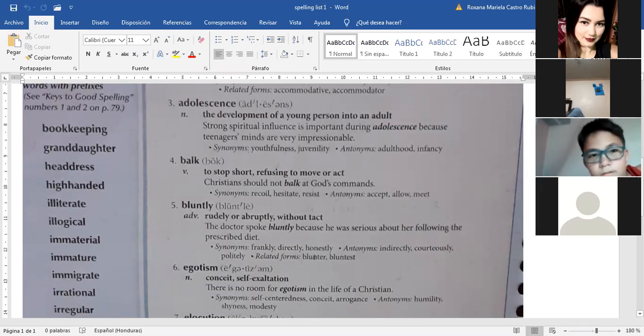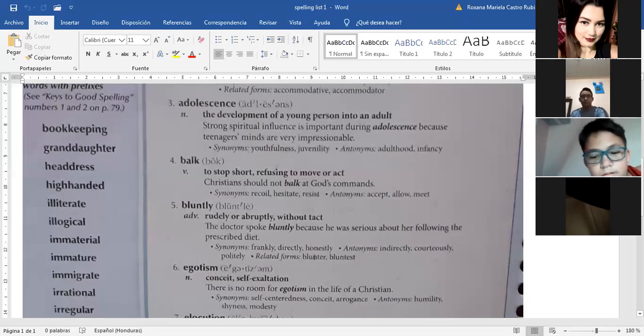The doctor spoke bluntly because he was serious about her following the prescribed diet. A synonym is frankly, directly, honestly. If you don't understand the definition, the synonyms help you, okay?